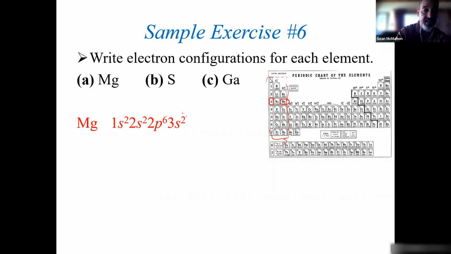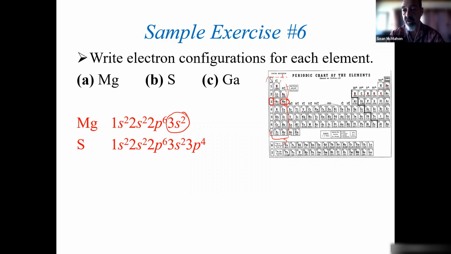So the last electron is a 3s2. But how did I fill it up? I had a 1s1, 1s2, 2s1, 2s2, 2p1 through 2p6, 3s1, 3s2. So I can look at where it's located and figure it out.